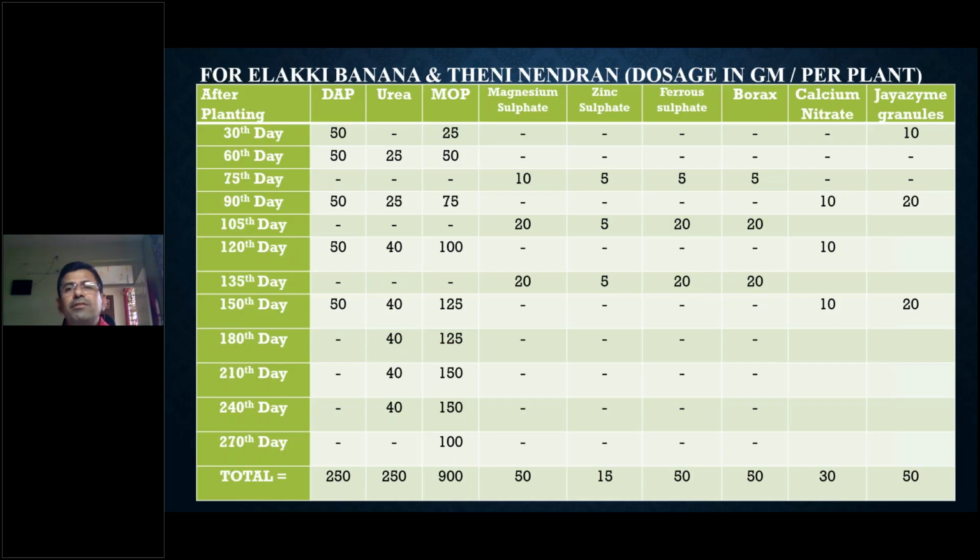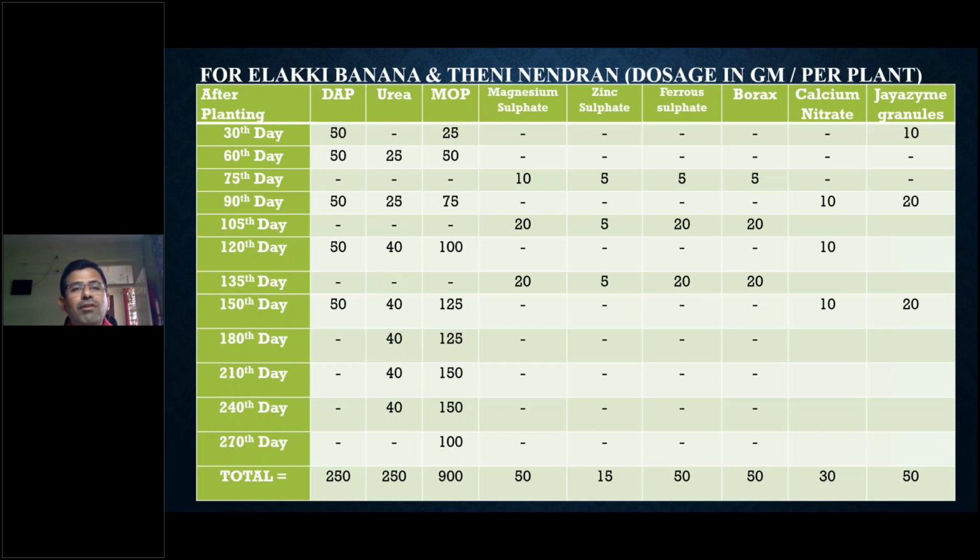These varieties additionally require ferrous iron, borax, and calcium nitrate. Whereas for Grand Naine and Williams, ferrous, borax, and calcium are not required much, and only magnesium and zinc are required as micronutrients.